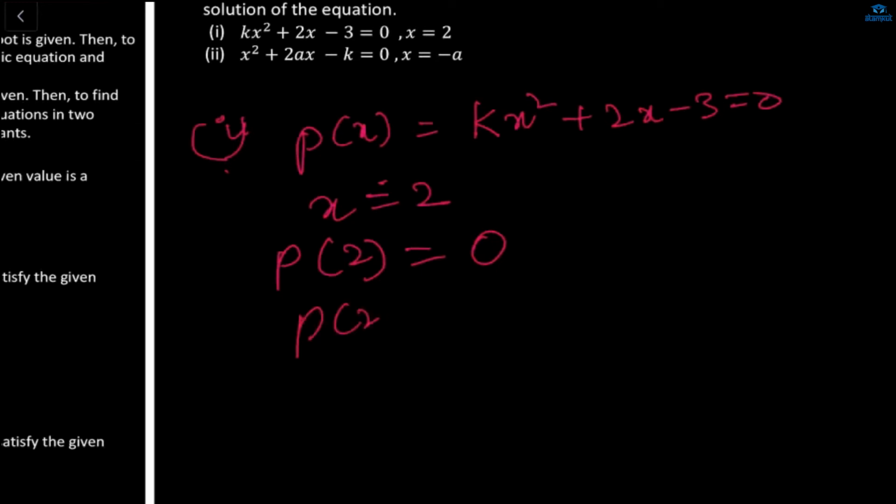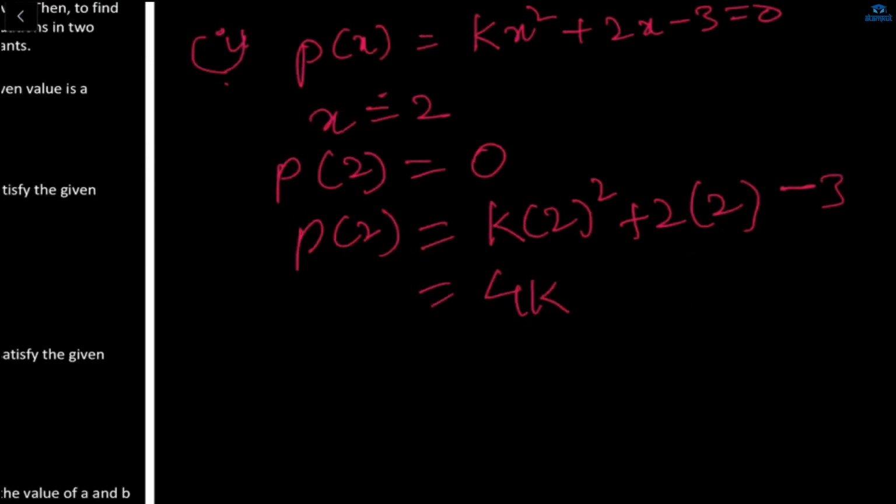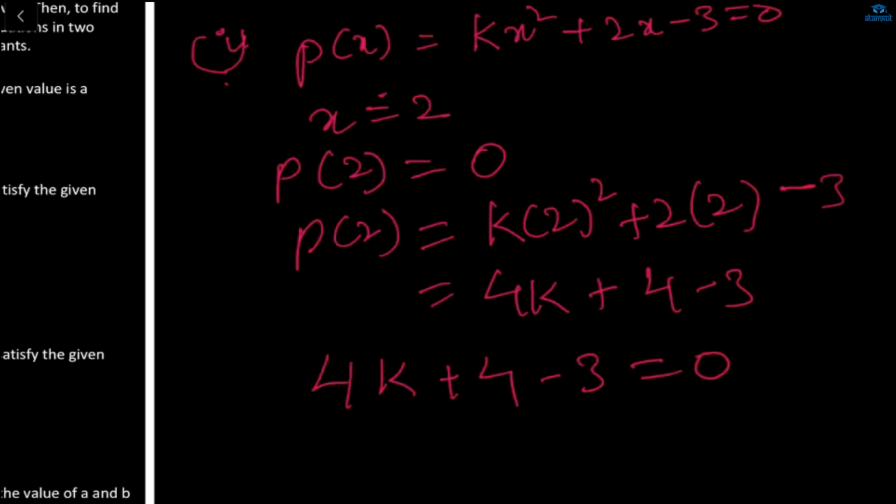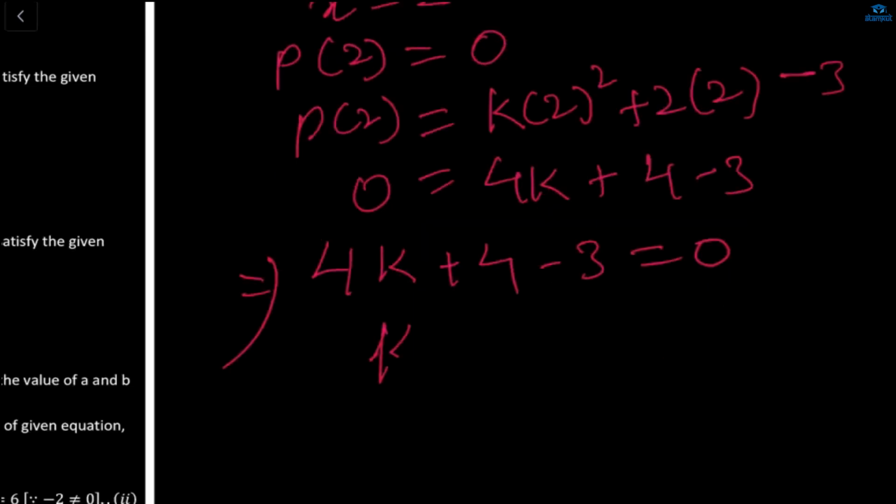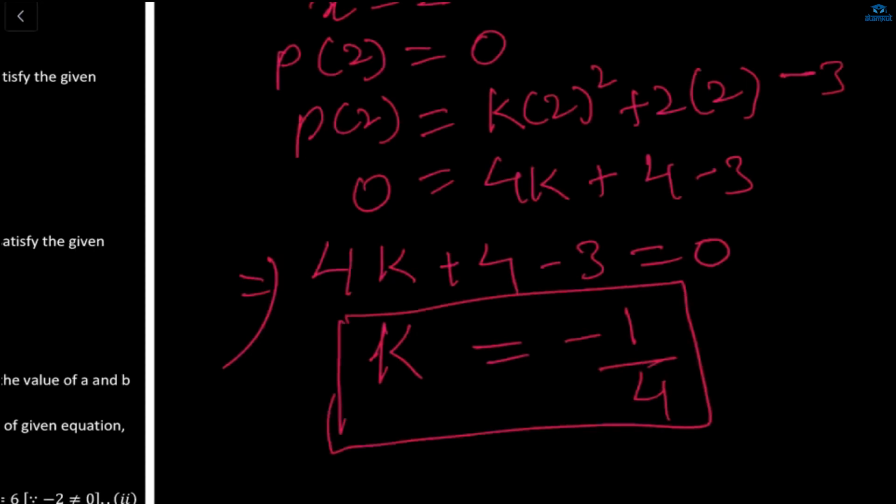Now, k into 2 square plus 2 into 2 minus 3, that is 4k plus 4 minus 3 is equal to 0. So k is equal to minus 1 by 4, which is the value of k.